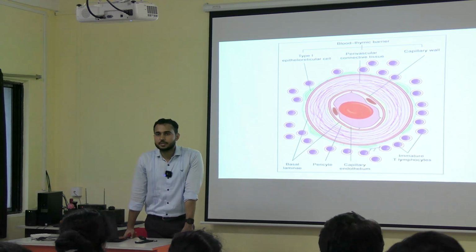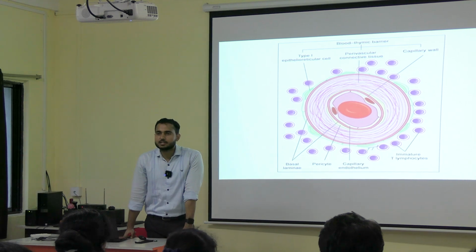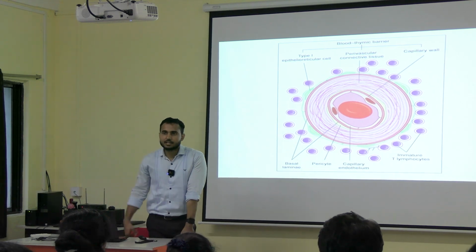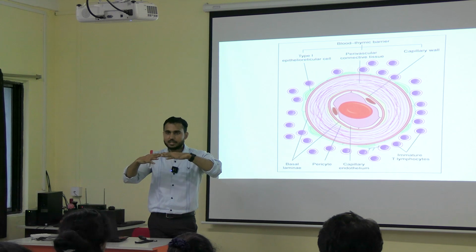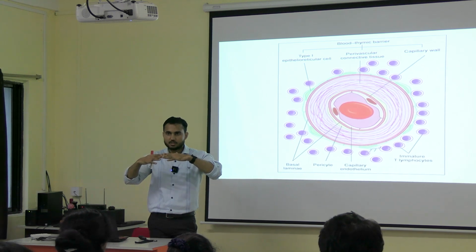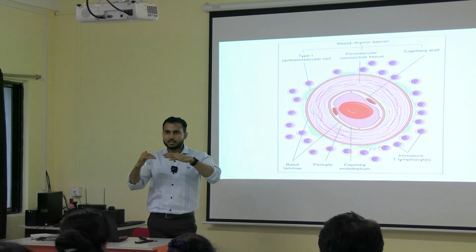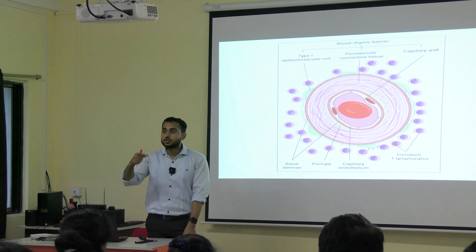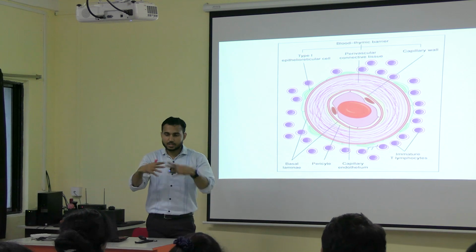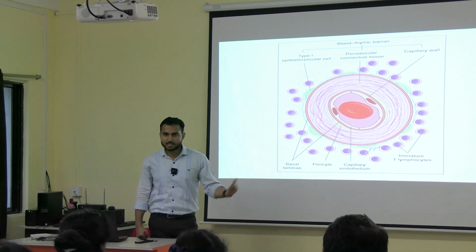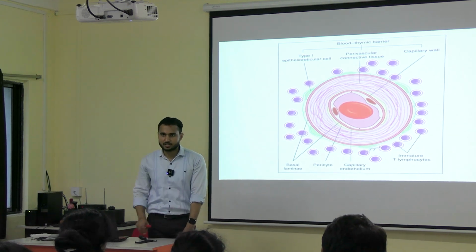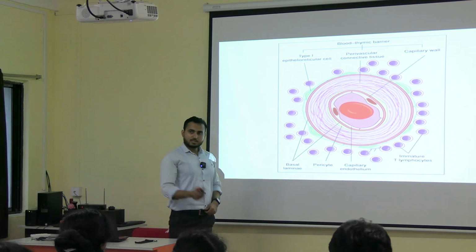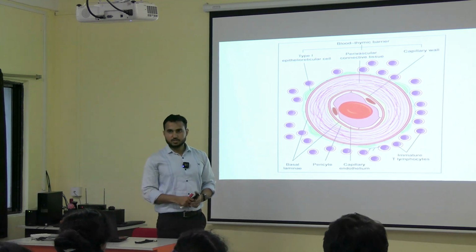How is the capillary bed formed? The capillary bed has two ends, the arterial end and the venous end, where the capillaries are present. At both ends, these pericyte cells are present. They control the flow of blood through the capillary bed. They are specialized cells, those are the pericytes. I know you have studied all those things in physiology.